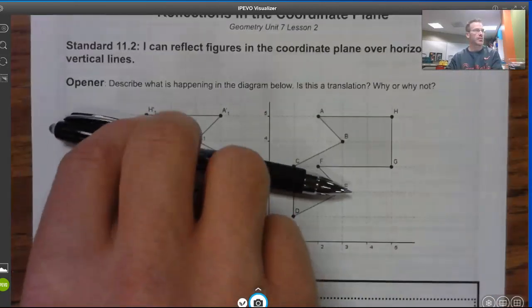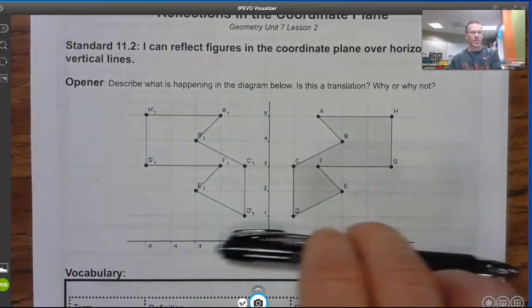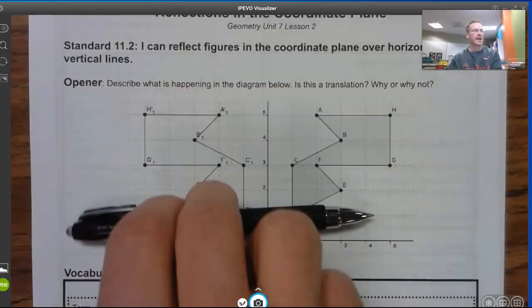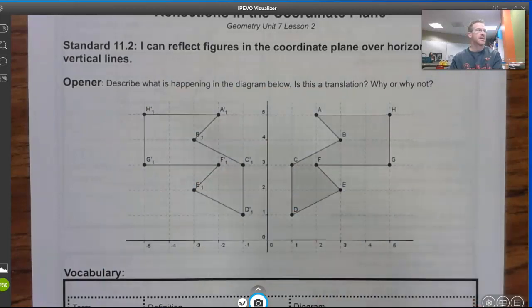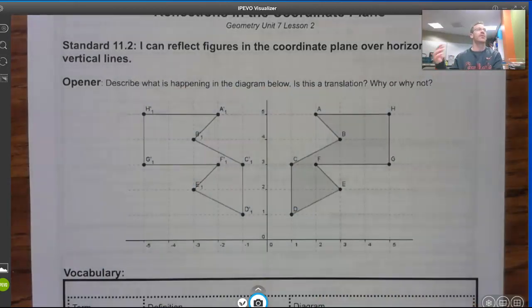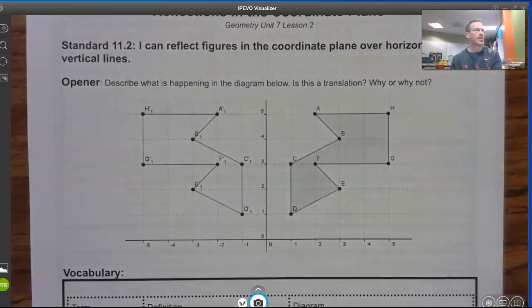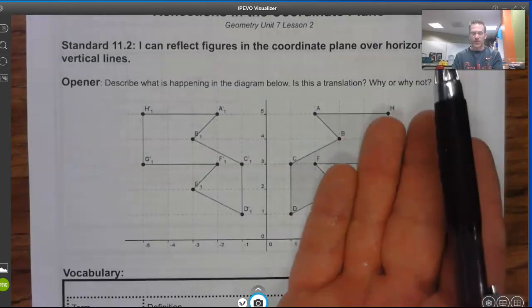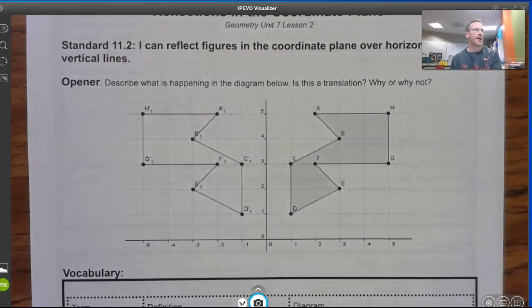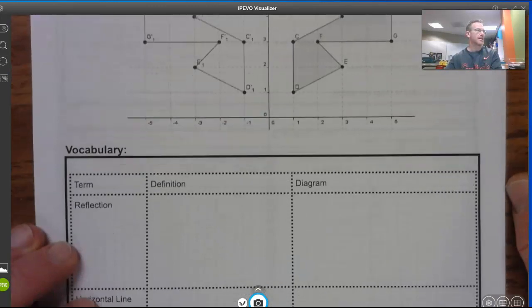If my pen is pointing to the right, it'll still be pointing to the right no matter where I translate it. But in this case, that is not the case. So this is a reflection, and you'll notice it is reflected over the y-axis here. It's just like we flipped it right over that y-axis there, which leads us to our vocabulary.